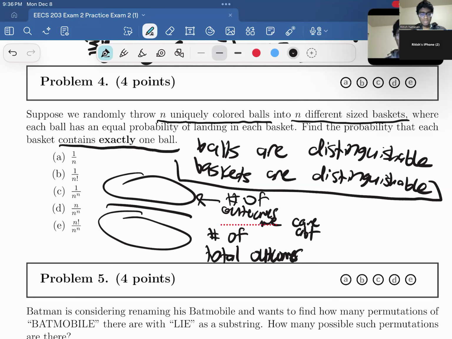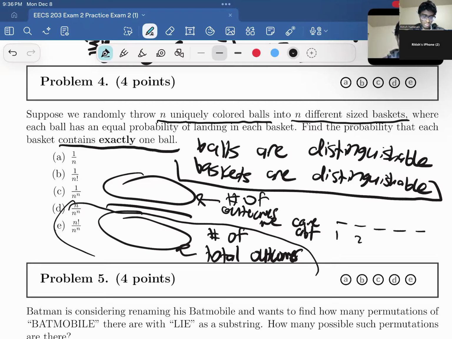So I think usually it's easier to start by finding the denominator, counting the number of total outcomes there are. The way we can think of this is by counting based off of the balls and then counting by the baskets. So if we have each of our n balls, let's just pretend these spaces are balls, and they go up to, let's say, n.